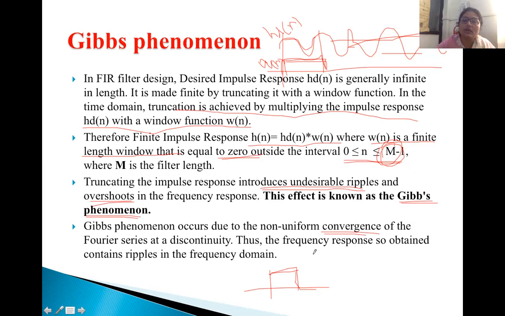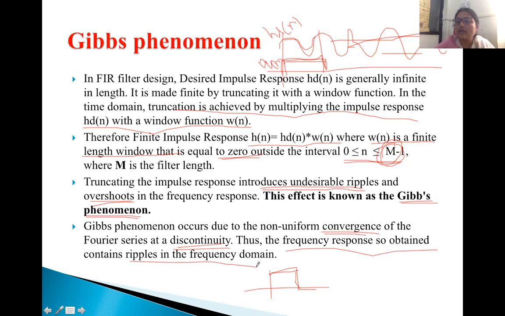Because of this discontinuity, at the point of discontinuity the Fourier series does not converge, and because of that, in the frequency domain, as we observed in the earlier slide, ripples appear in the pass band as well as in the stop band, because of the non-convergence of the Fourier series at the discontinuity.